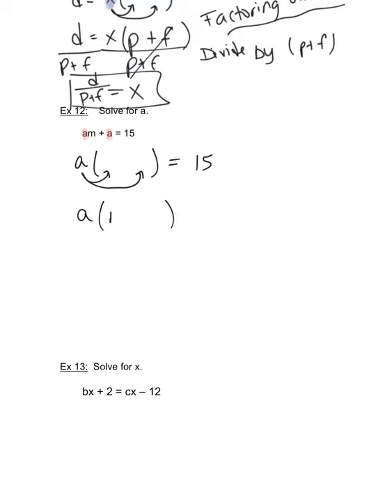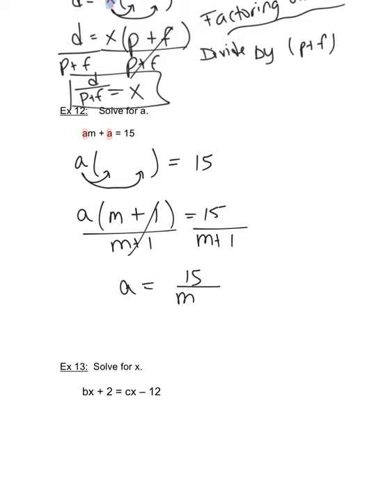So a times m would give me am, and then a times positive 1 would give me back a. And now I can isolate a by dividing by m plus 1. Divide by m plus 1, and I now have a equals this fraction, 15 over m plus 1.